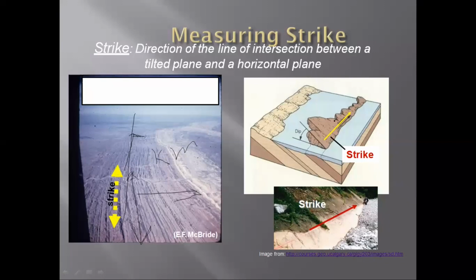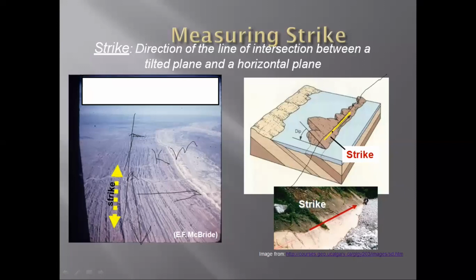Here we have a bed that is tilted. We'll discuss this type first, and then we will go to the deeper part. You can see that this rock layer is extending in this direction.